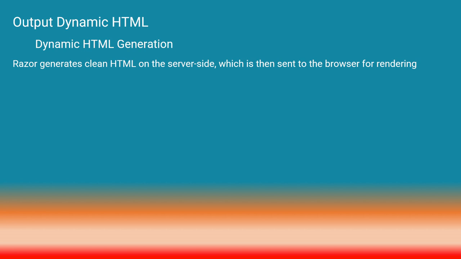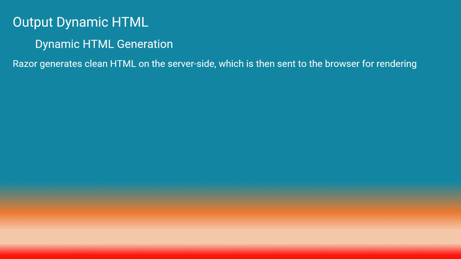It is time to see our Razor view in action. Run your ASP.NET Core application by pressing F5 or using dotnet run. Open your web browser and navigate to the URL for the Index action of the Home controller, usually /home/index. You should see the output Welcome followed by the current date and time displayed in your browser.